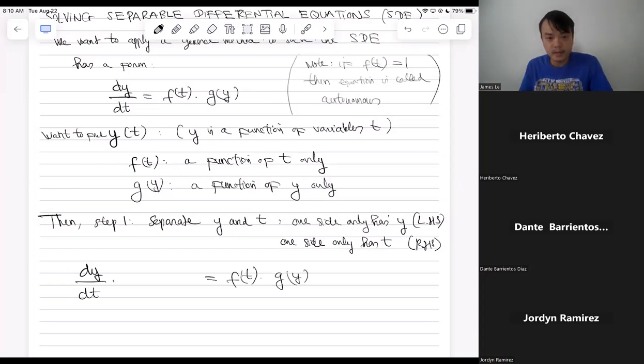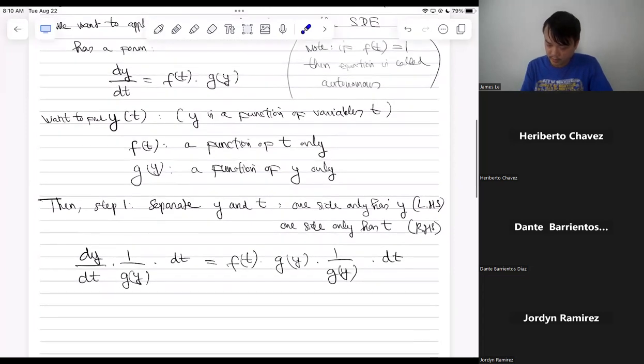From here, you can just divide both sides by g of y, and also multiply both sides by dt.